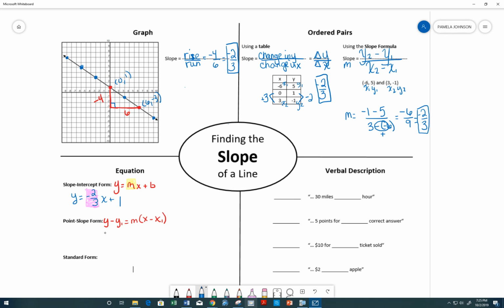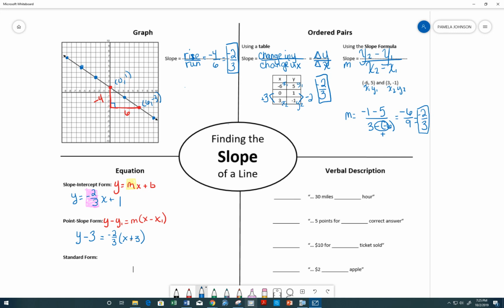So for example, if I have y minus 3 equals negative 2/3 times x plus 3. Okay.